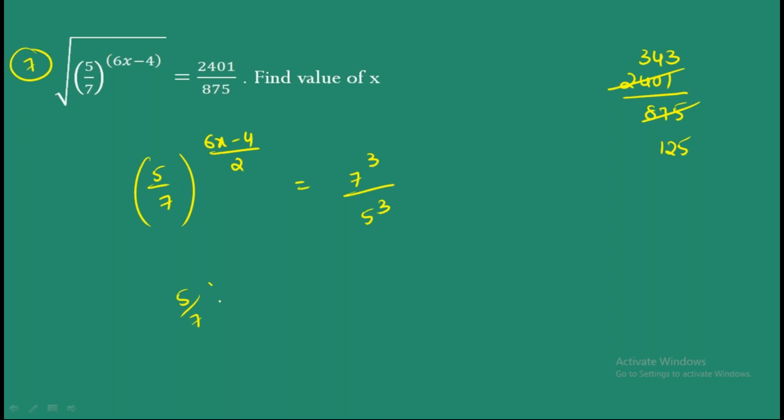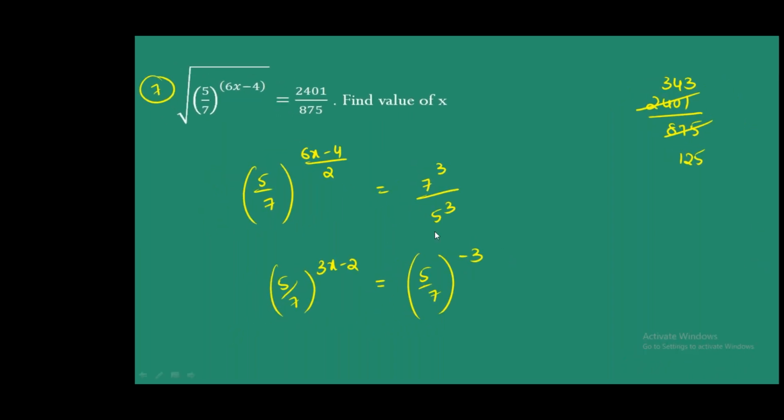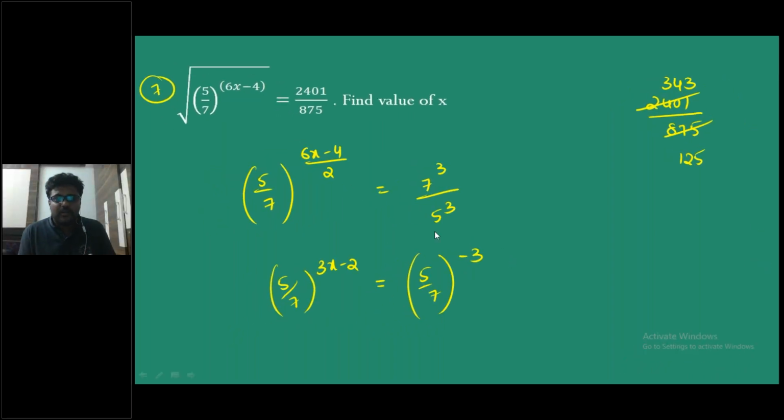Here this power is now 3x minus 2. We can write this as 5 by 7 whole power minus 3, because this left side is 5 by 7. The right side also we should represent as 5 by 7 power something, because bases are equal, then powers are equal, and you can find the x value. If the left-hand side is 5 by 7 and this is 7 by 5, we should convert into the same base.